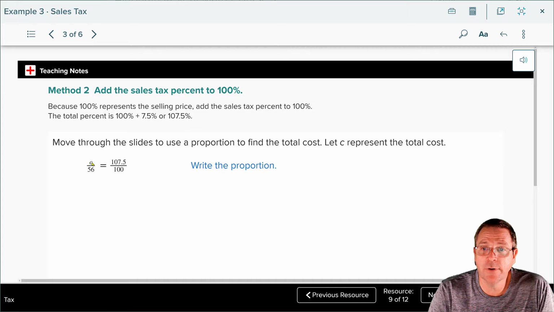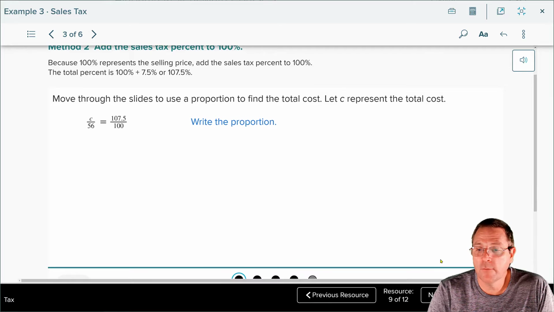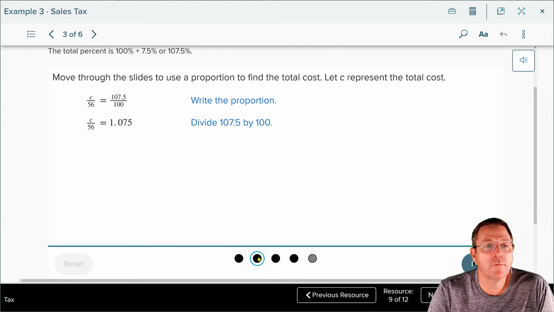So they've set it up with the cost of the shirt now. Instead of this T for tax, they let C for total cost over 56 is equal to 107.5 over 100. When you divide 107.5 by 100, all you have to do is bounce that decimal 2 spaces to the left. That gives you 1.075.